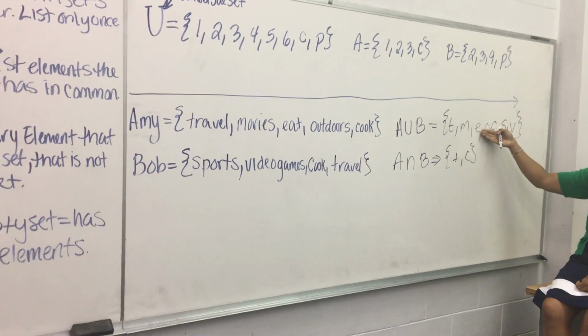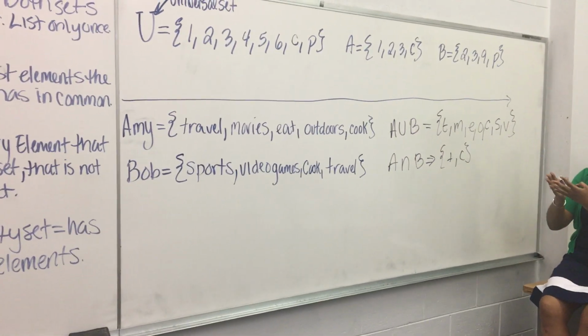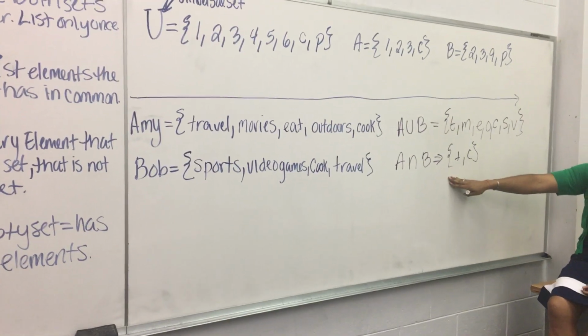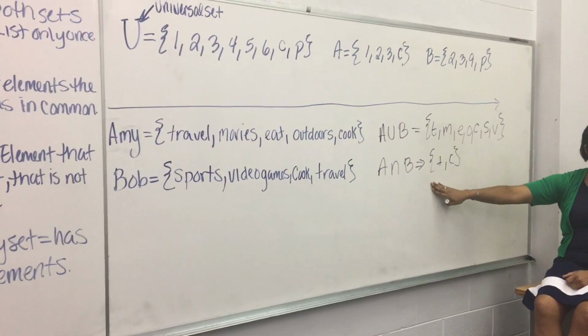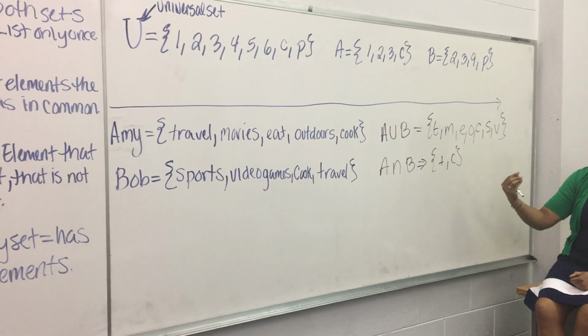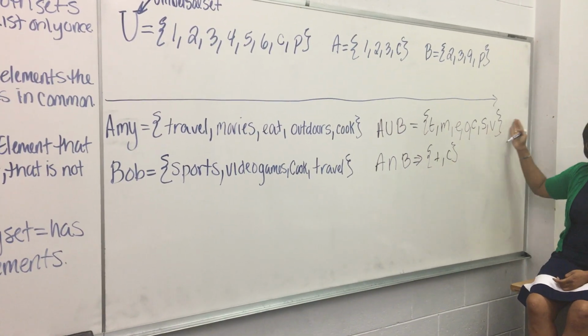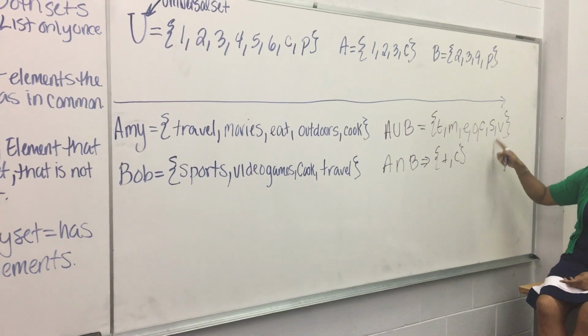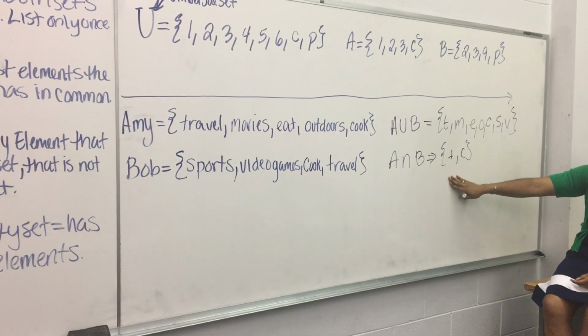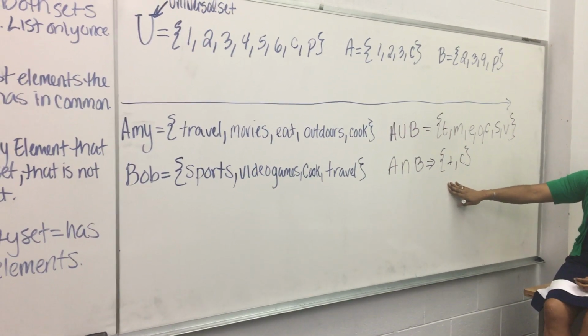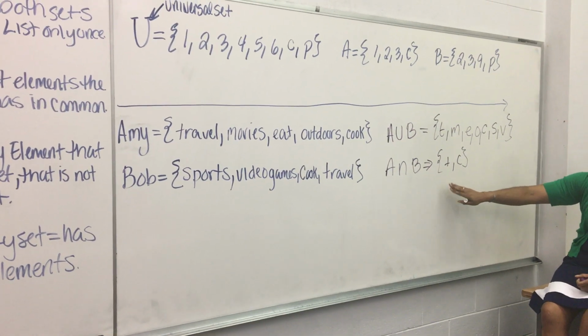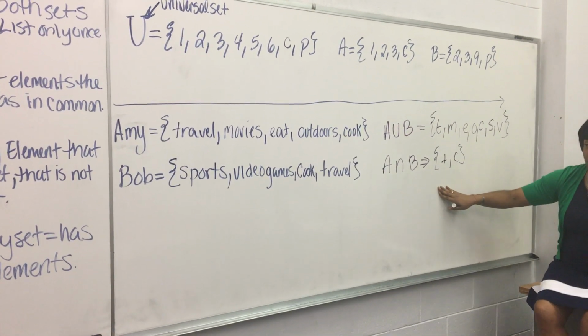So a union is putting everything together, right? Intersection is what they had in common. And think of it also, if you're moving in with somebody, do you bring 2 couches? No, you just bring 1 couch, right? And the reason why you moved in together is because you had some things in common, okay?